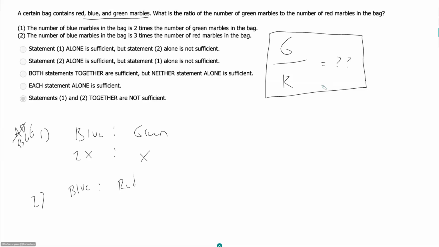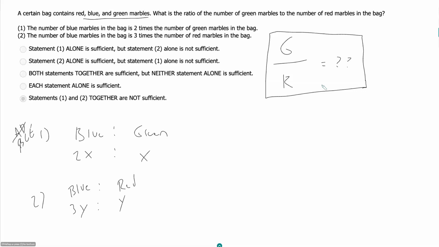So we'll say if I have y red marbles in my bag, I should have 3y blue marbles in the bag. Now remember, it's still possible that y is equal to x, so I'm not eliminating that possibility, but I don't want to necessarily say that my 2 ratios have the same multiplier. So this is the same problem as the first statement. We don't know anything about our green marbles, so that's insufficient.